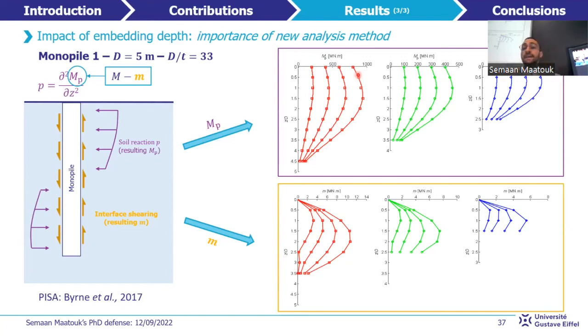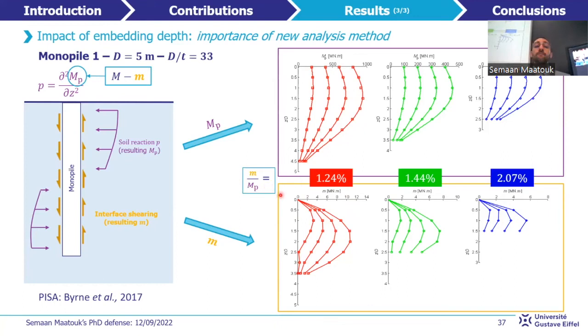We can see clearly that the values of m are very low with respect to mp, and for a given loading state at the depth of the maximum mp, the ratio between m over mp is equal to 1.2, 1.4, and 2.1% for the case of L over D equal to 5, 4, and 3 respectively. Therefore, I can conclude from these results that the distributed moment m is very low with respect to mp. However, it's much more pronounced for a low embedding depth.